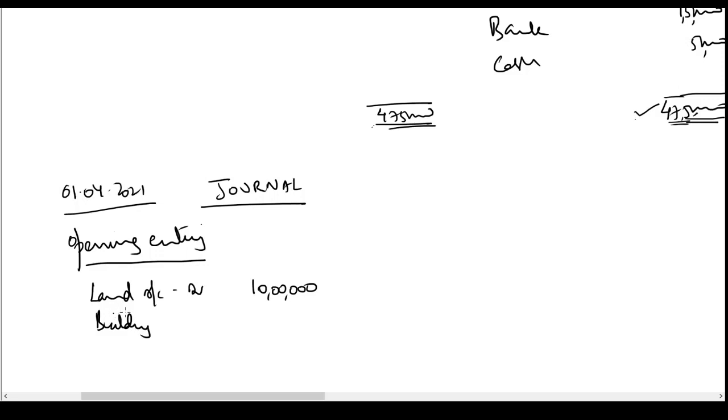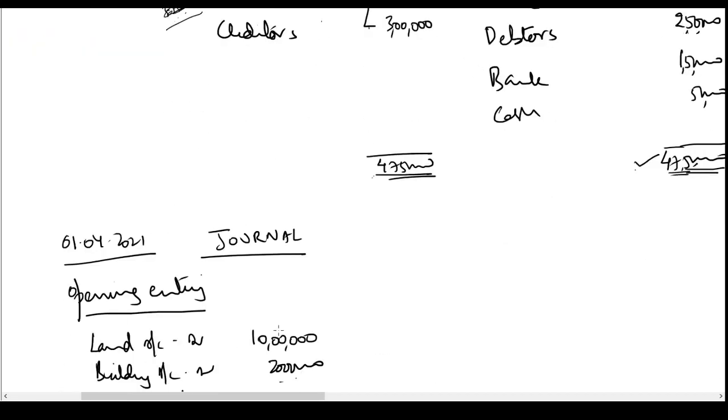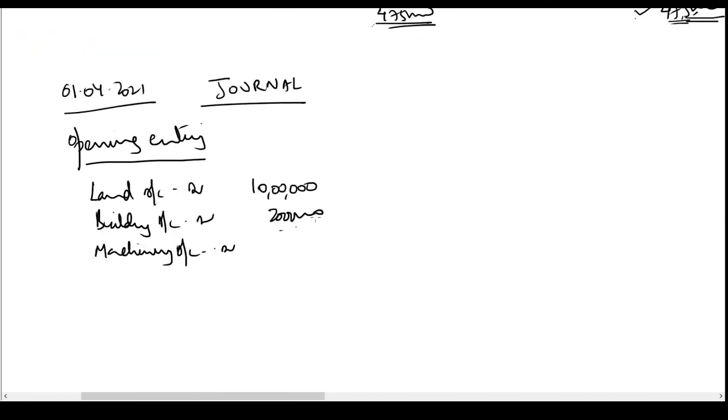Building account debtor, 20 lakhs. Machinery account debtor, what was the balance? 5 lakh 50,000. Furniture account debtor, 2 lakh 50,000.